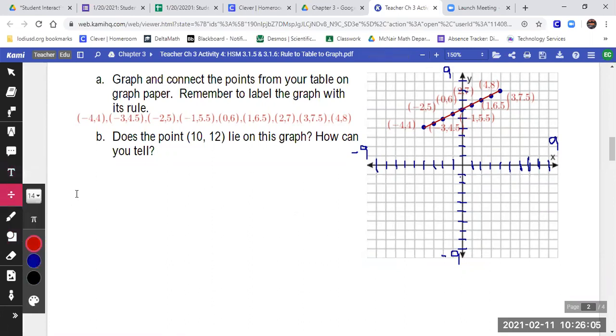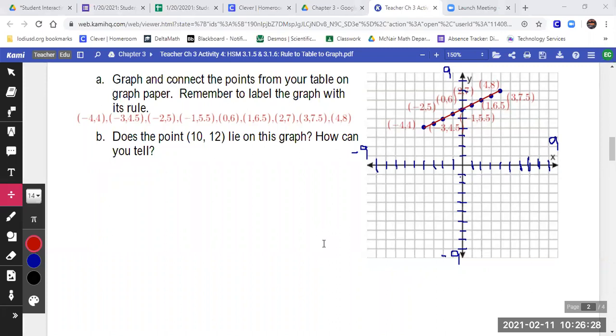Our equation they originally told us was what? What was the original equation we were working with? Come on, guys.